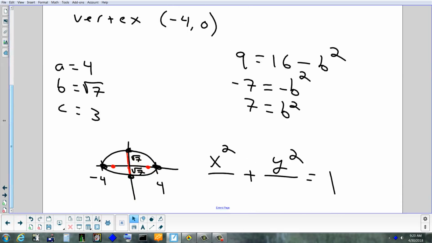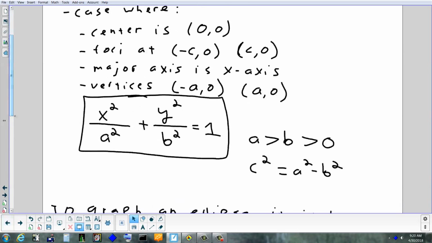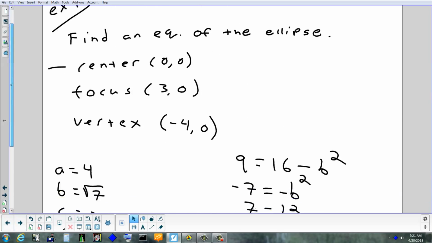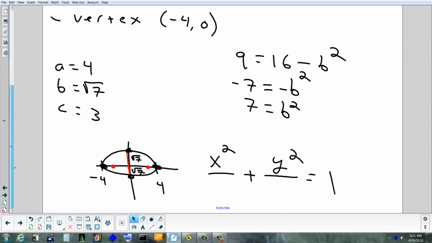Now, eventually, you're going to have to decide, does a squared go under the first denominator and b squared under the second, or should you switch them? Well, the trick is, whatever direction the major axis goes, that's where you put the bigger number. So to figure out the direction of the major axis, graph these points. I already graphed them. 1, 2, 3, 4.